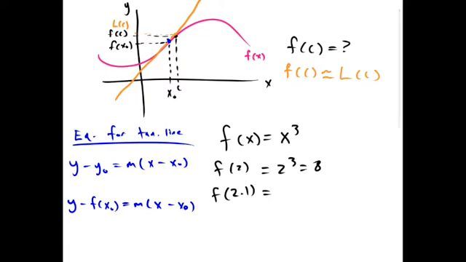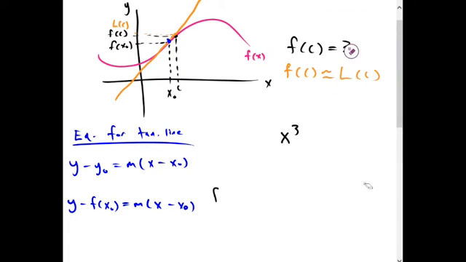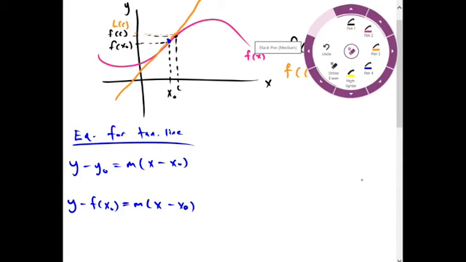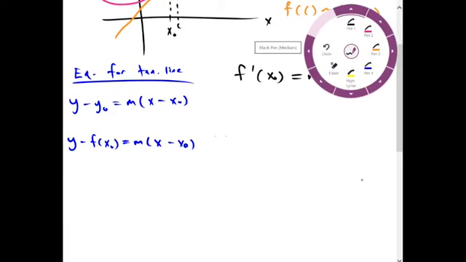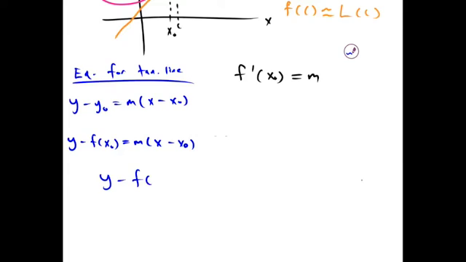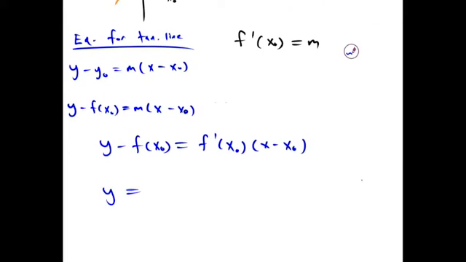Next, look at the slope of this line, which is f prime of x0. So the equation for our tangent line becomes y minus f of x0 equals f prime of x0 times x minus x0. Solving for y, we get y equals f of x0 plus f prime of x0 times x minus x0.